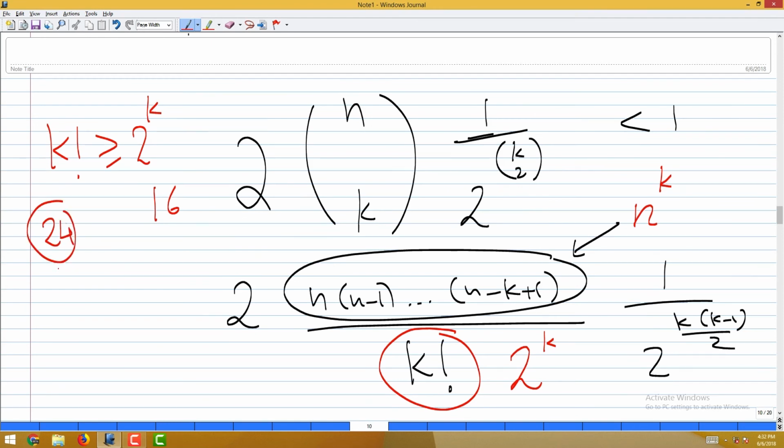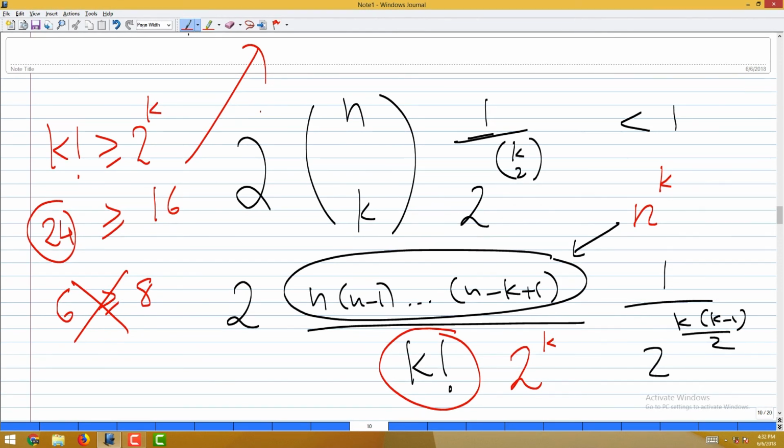Earlier it was not correct, because 3 factorial was 6, which is less than 8. From now on it will be correct, because k factorial will grow faster now. Every time you are multiplying by k, here only multiplying by 2. So, from k equal to 4 onwards it is correct.